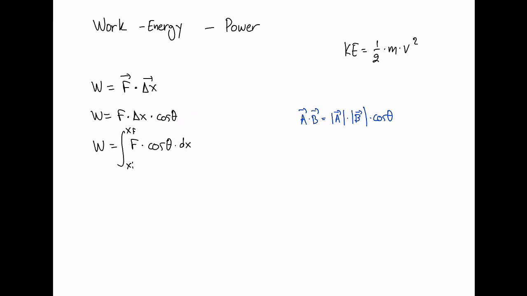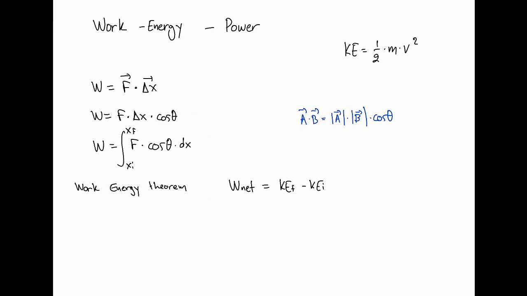Now, the work is useful because through the concept of work we can find the kinetic energy of the object. So the work energy theorem, which is a very useful theorem, a very useful law that helps us calculate either the work or kinetic energy or mass or final speed or initial speed, states that the total work, the net work acting on an object, is equal to the kinetic energy final minus kinetic energy initial.